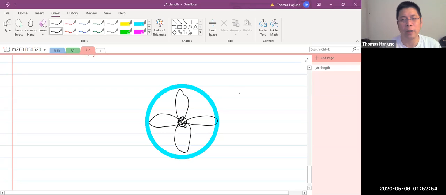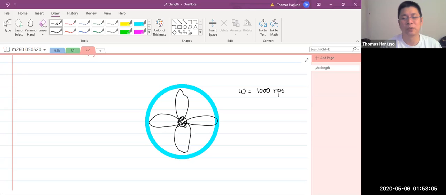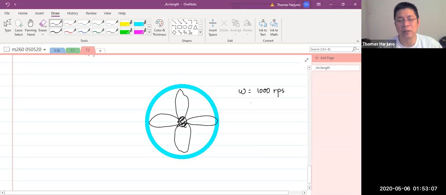So you want the omega to be, let's say, 1,000 revolutions per second. I think that's really fast. That's basically 1,000 times 2 pi radians per second, so that's 2,000 pi.